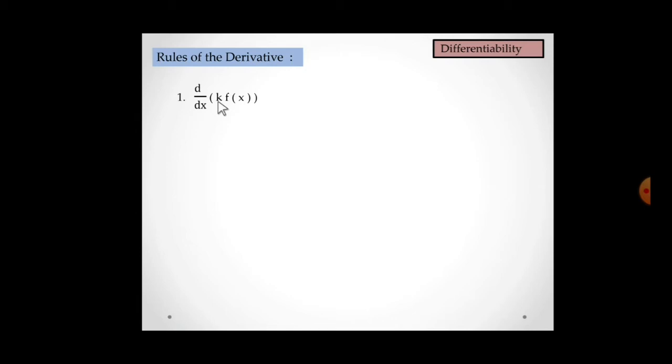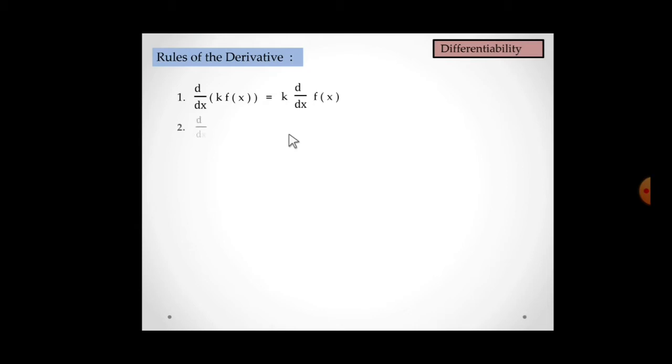If a function is multiplied by a constant, like 2 sin x or 3x cube, where 2 is multiplied to sin x or 3 is multiplied to x cube, then 2 is not separate. In that case the derivative is written with k outside, and only d by dx of f of x, meaning only the function is differentiated, not the constant.